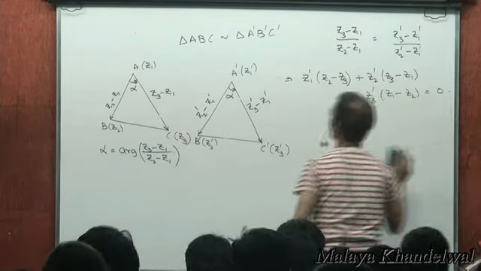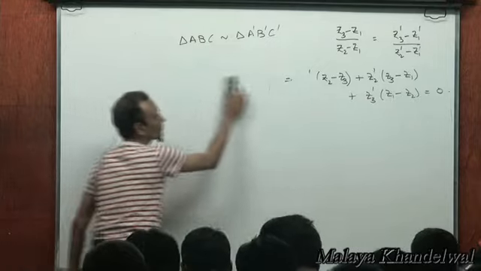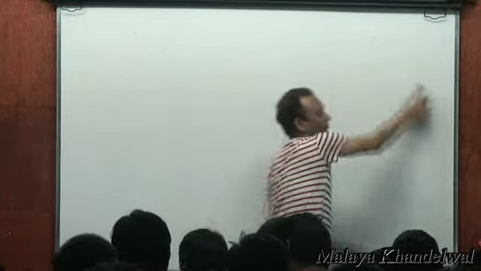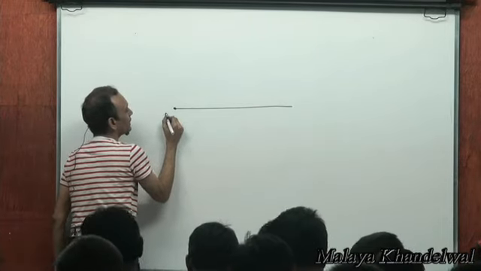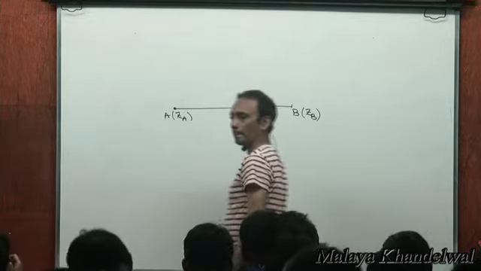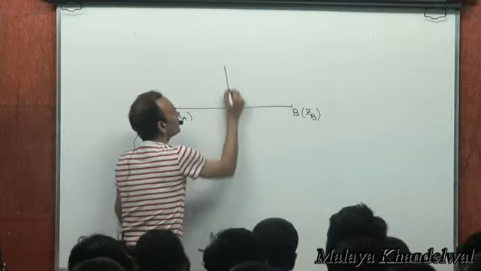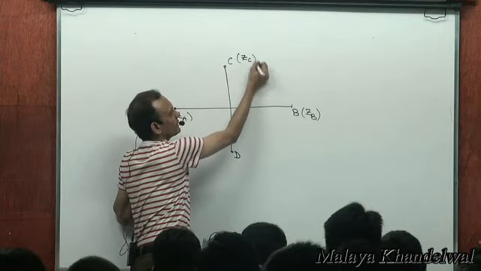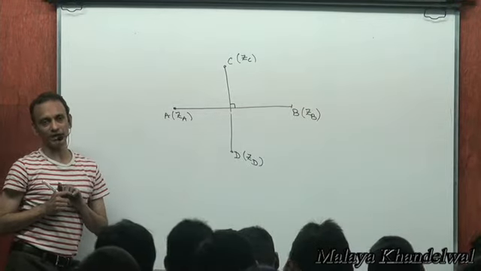Suppose this is a line AB. This is Z of A. This is B, which is Z of B. And say this is C and this is D. I do not know their relative orientations, but all that I know is AB is perpendicular to CD.